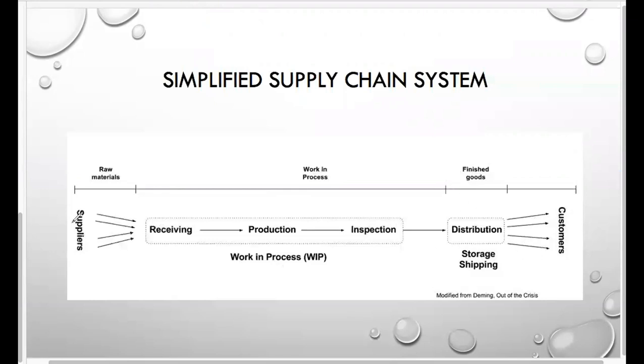Lead time, I want to bring it up because in some cases, lead time is measured differently. In some cases, a supplier views lead time as basically getting the raw materials to the point that they're finished with the product.